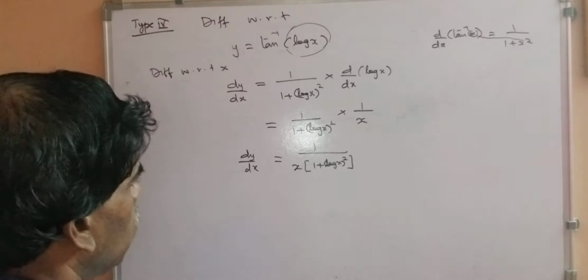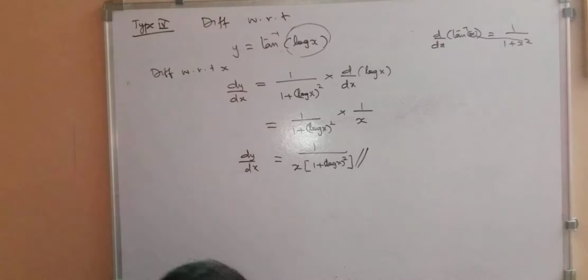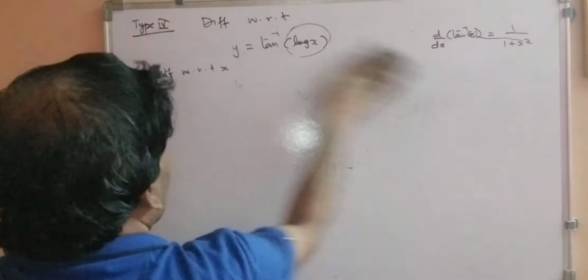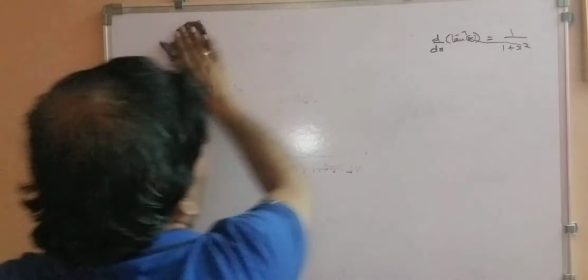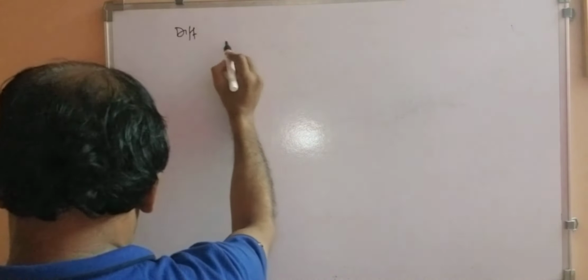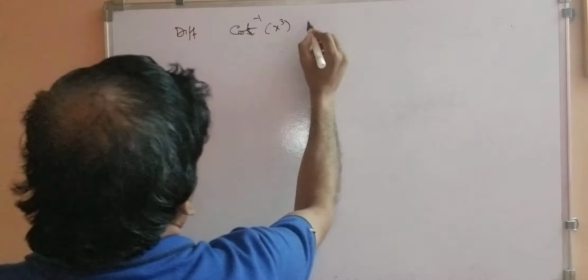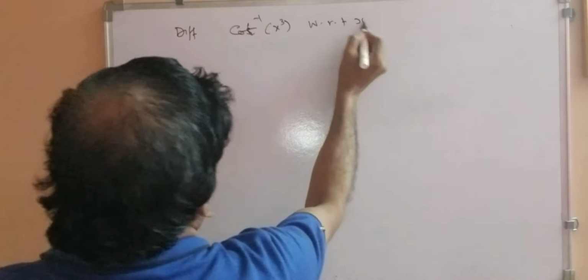That's all. So one more problem we will see in this type. Differentiate cot inverse of x cube with respect to x.